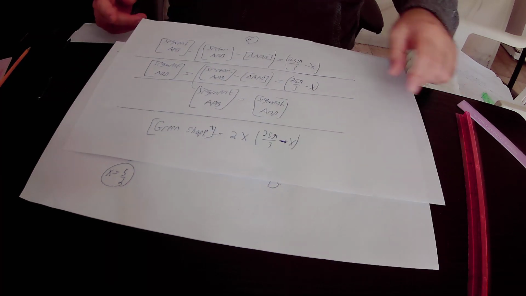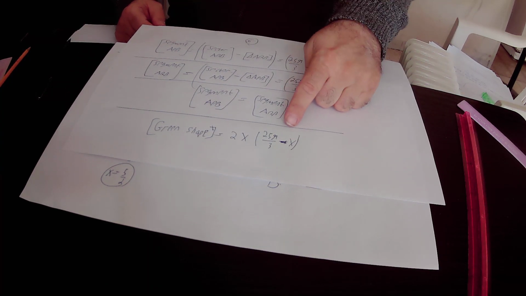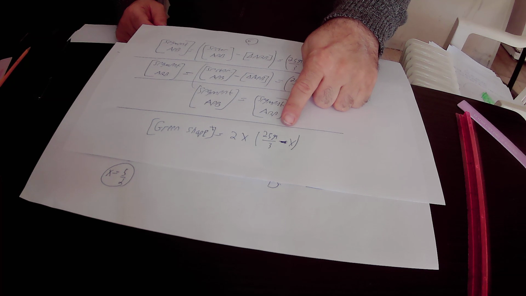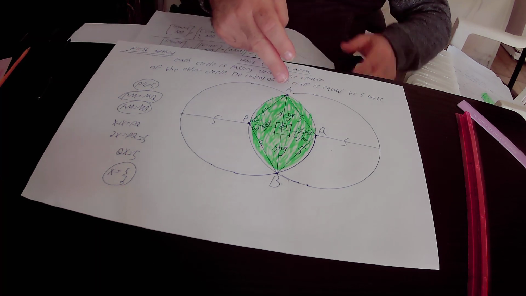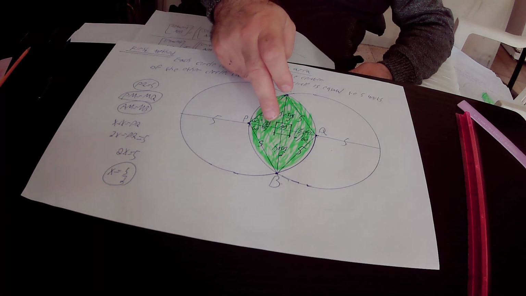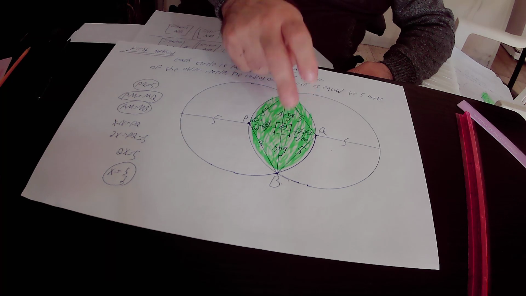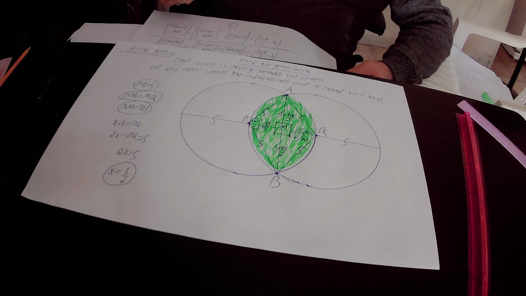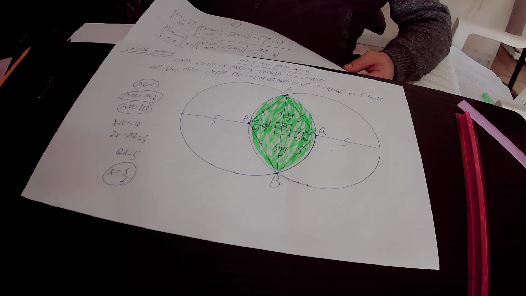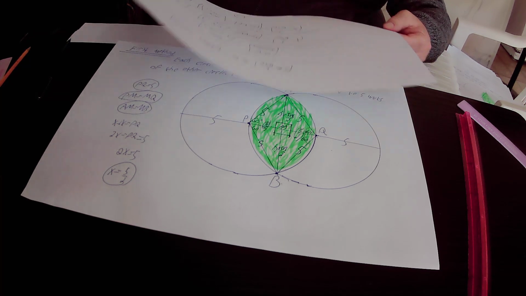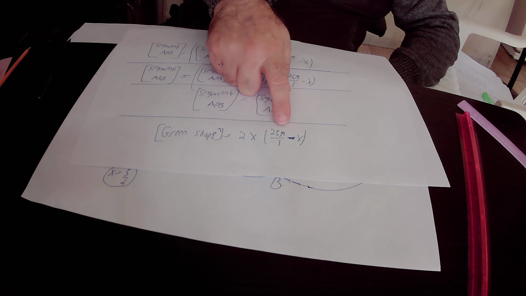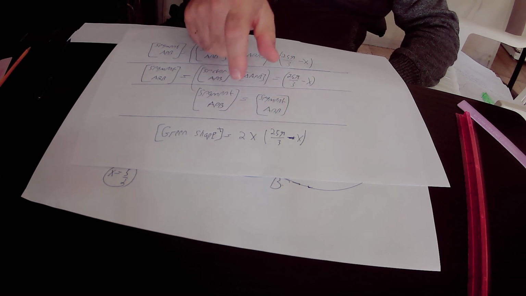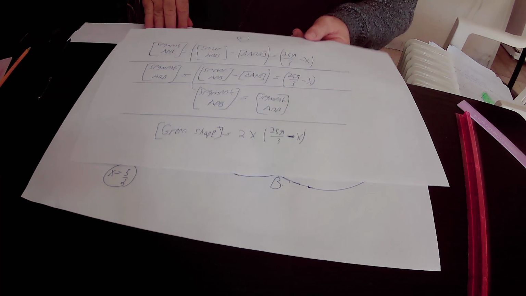Therefore, we multiply the area of one of the segments by 2 and we get the area of the green shape, because we have here two halves. So the area of segment APB, which equals 25 pi over 3 minus x, times 2 will be equal to the area of the green shape.